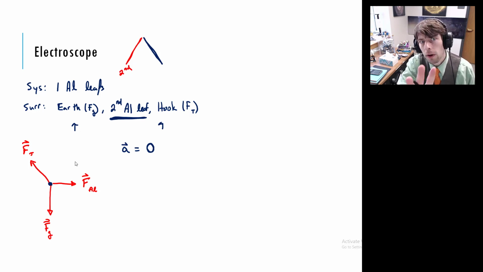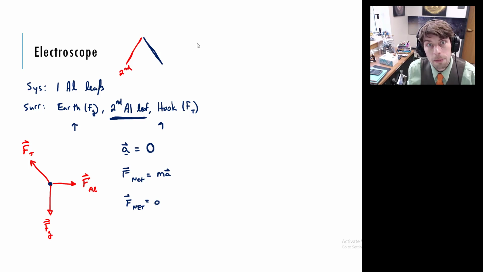And what physical concept are you using? By Newton's second law, F net is equal to ma. If the acceleration of the system is 0, that means that the net force acting on my system must be 0. So we'll put that the net force acting on my system is equal to 0.